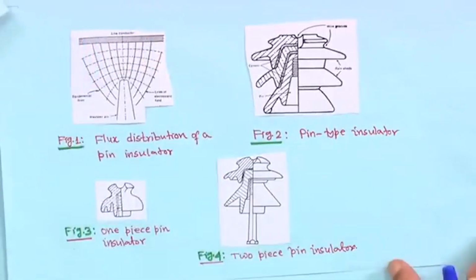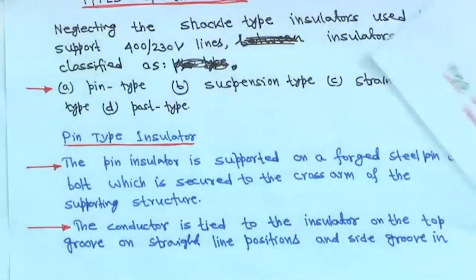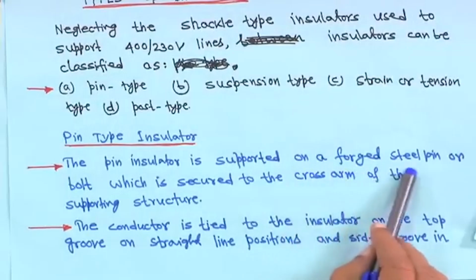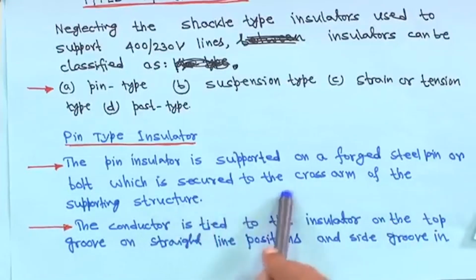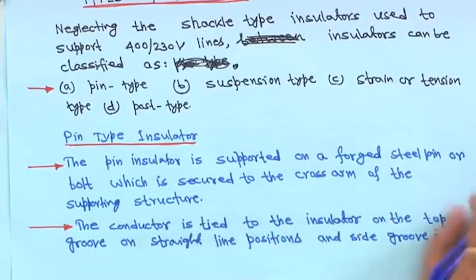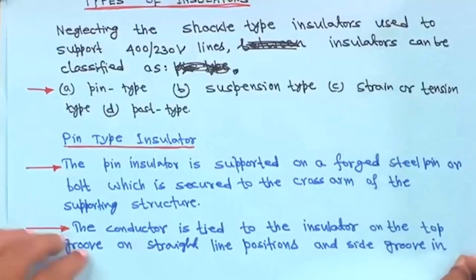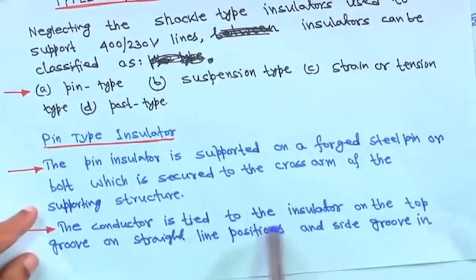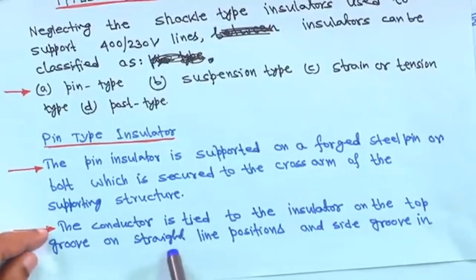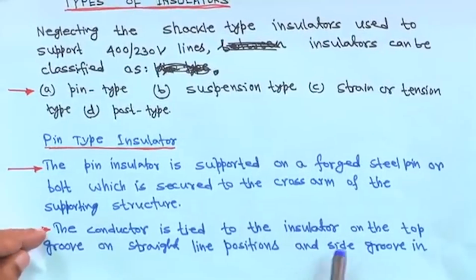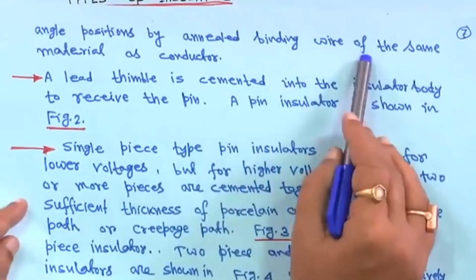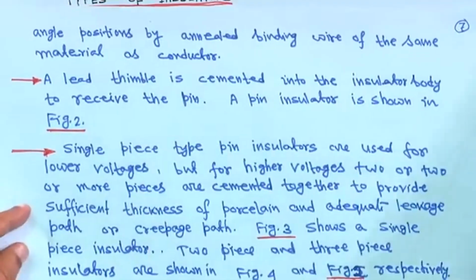Therefore, the pin type insulator is supported on a forged steel pin or bolt which is secured to the cross arm of the supporting structure. For any pole or tower, you will see that a supporting arm is there. The conductor is tied to the insulator on the top groove in straight line position and the side groove in angle position by annealed binding wire of the same material as the conductor.